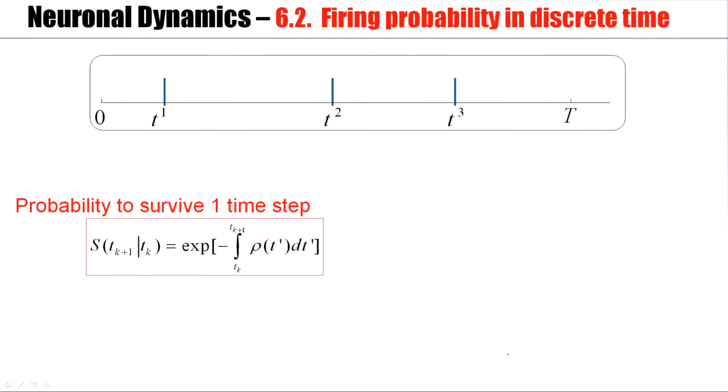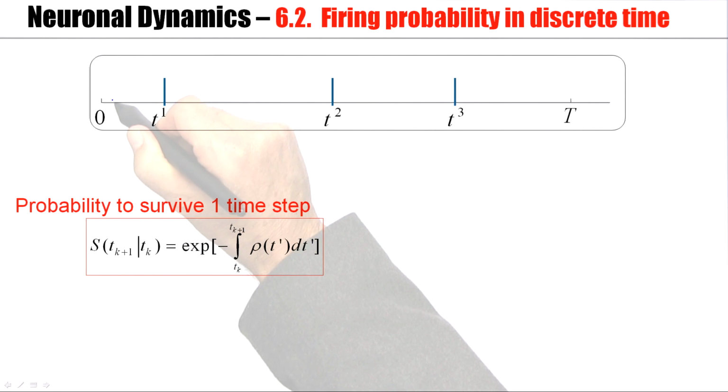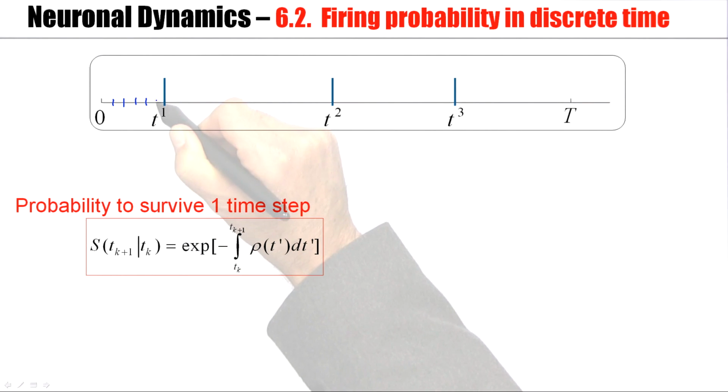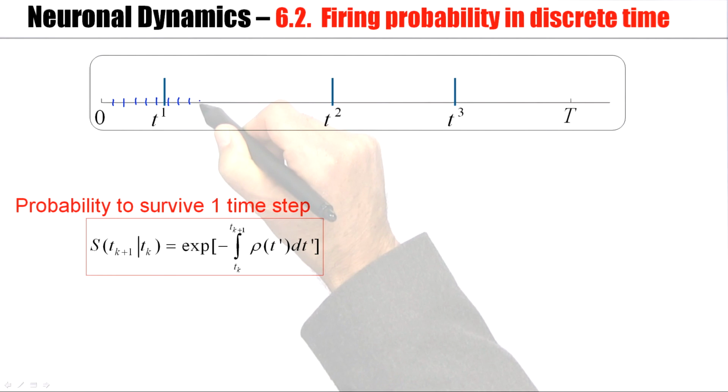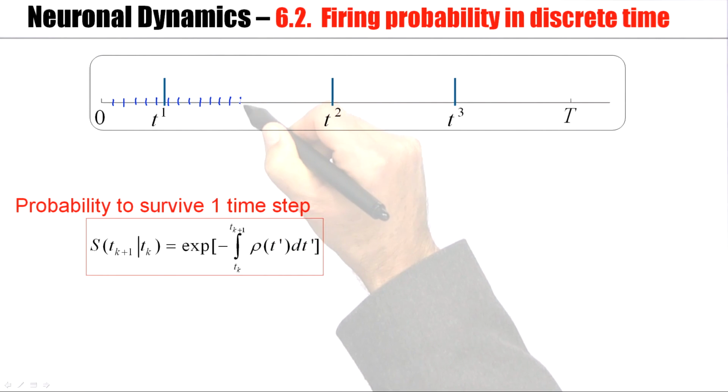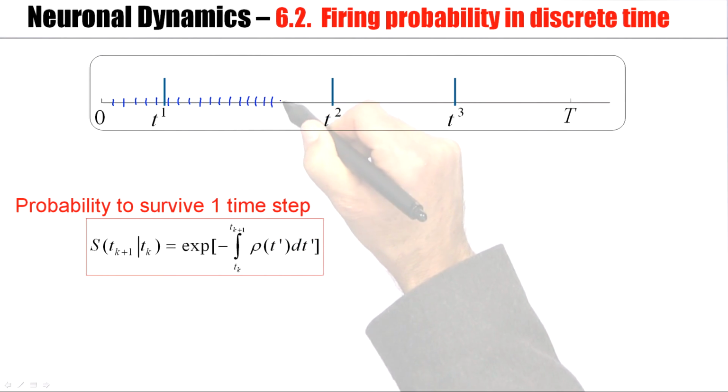Now let's see what we can do with these notions. One thing is, for an interpretation of this escape rate, but also for simulations on a computer, we have to work in discrete time. So suppose I have some discrete time steps, and from time to time there is a spike.